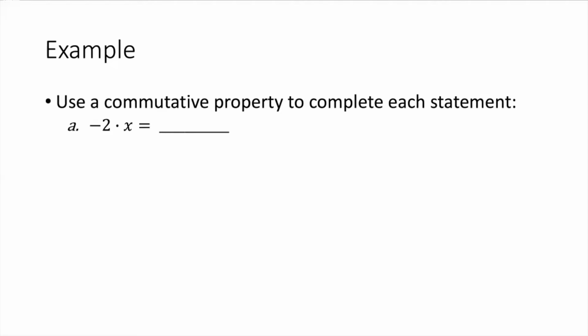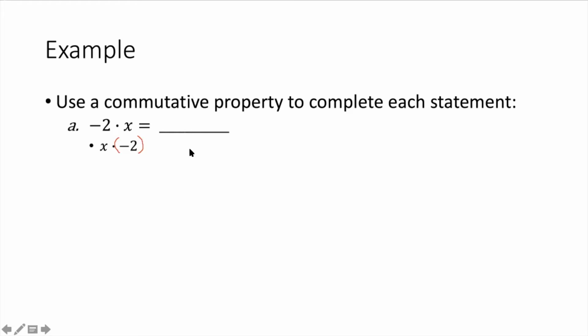So that would mean that -2 times x is the same thing as x times -2. And I just want to point out that I've written this in a slightly unusual way. Normally, we don't put a multiplication sign right next to a negative sign because it makes it kind of hard to read. So I would recommend writing that expression like this.